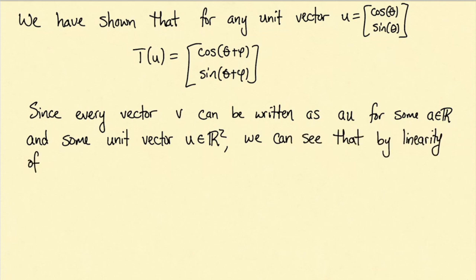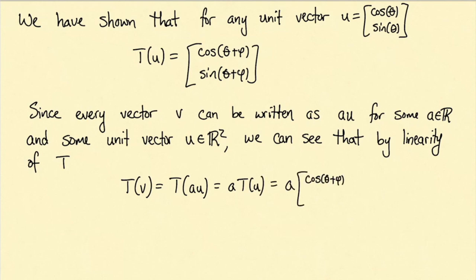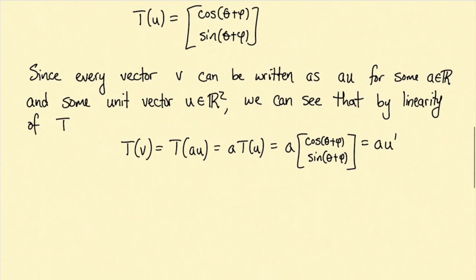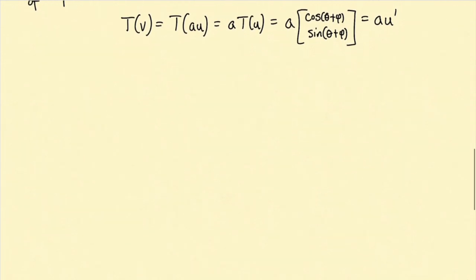We can pull the a through to get a times Tu, which is a times cosine of theta plus phi, sine of theta plus phi, which is the vector a u prime that we wrote down originally. So that's the rotation of our original unit vector u by phi radians counterclockwise.